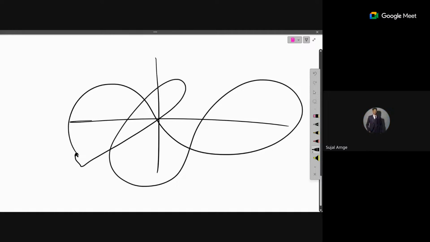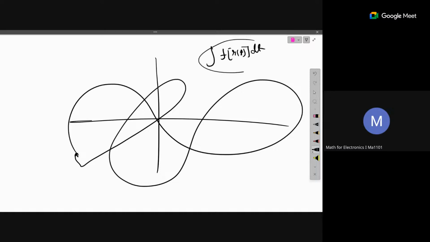Cauchy found the integration of some function related to this particular curve, and for that he used complex numbers. It is a little bit higher-level complex analysis, but complex analysis is used in this way also, related to curves and finding out the arc length of the curve and so many things.